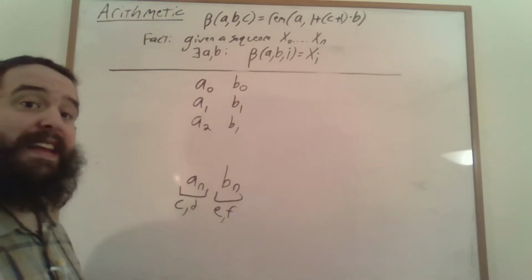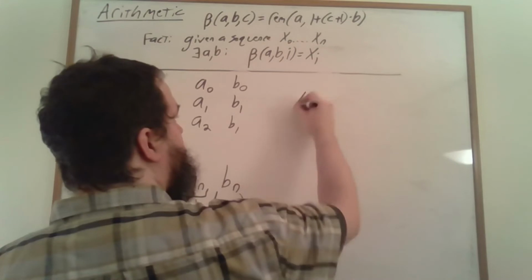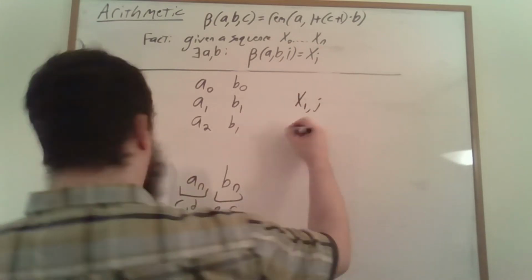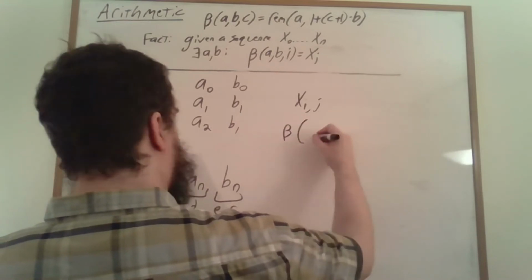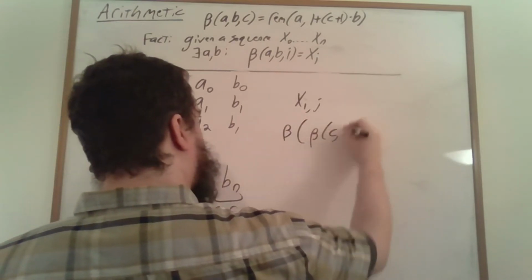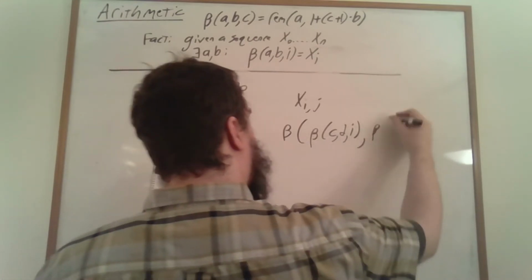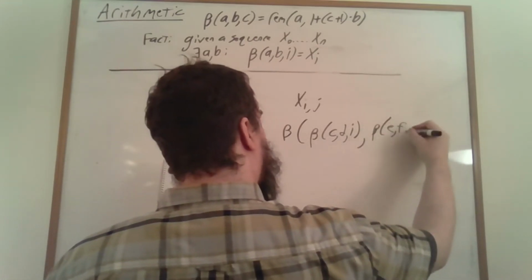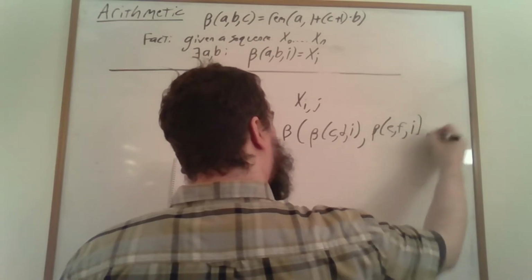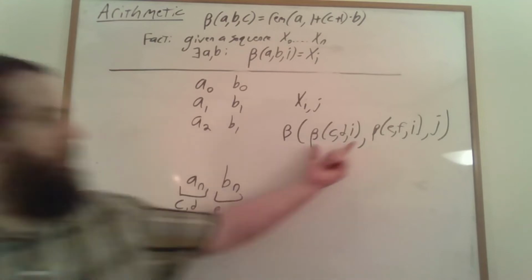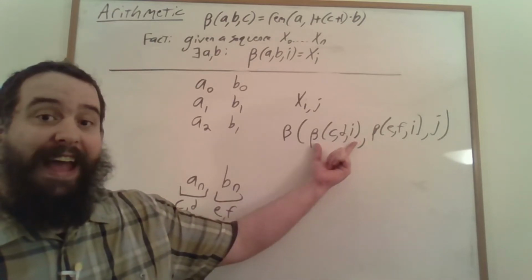And then we can index the element at position i j in our array with the formula beta of beta c d i, beta e f i, j. This lookup will tell us what a i is.